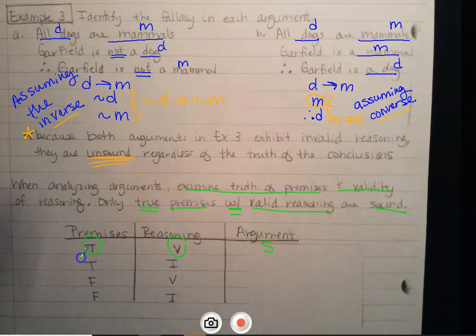If the premises are true but the reasoning is invalid, then our argument is unsound. If our premises are false with valid reasoning, it doesn't do any good to have valid reasoning because it's still unsound. And if our premises are false and we have invalid reasoning, then it's definitely unsound. Our arguments are definitely unsound.